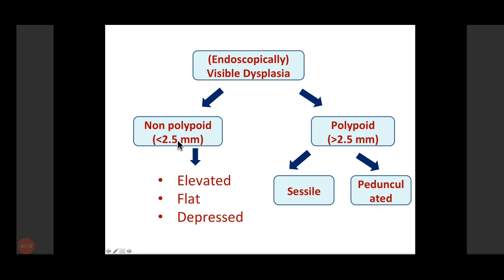So non-polypoid are usually small and they can be elevated or flat, but they are not polypoid. They don't have a stem. Or they can even be below the normal surface of the mucosa, that is depressed. And polypoid are usually slightly larger. They can either be sessile or pedunculated.